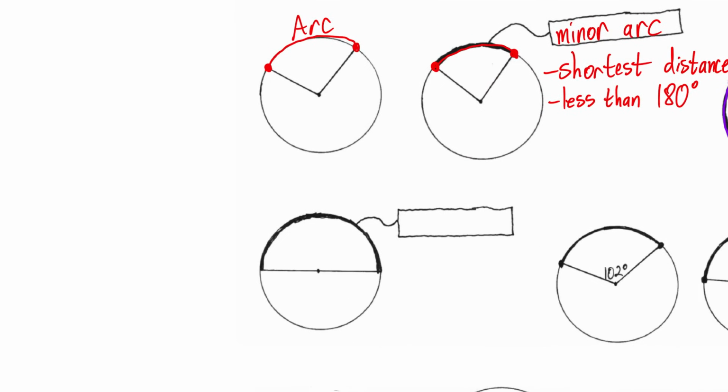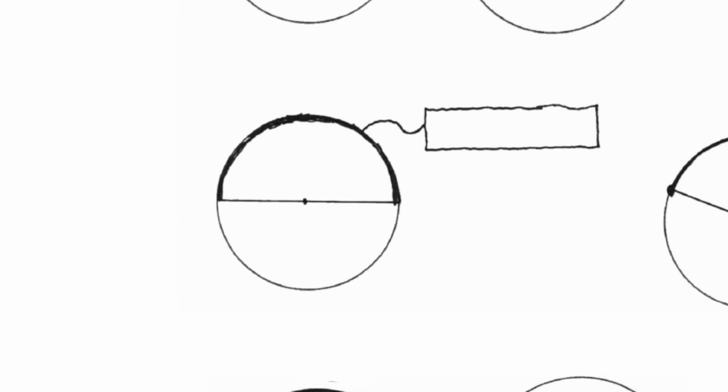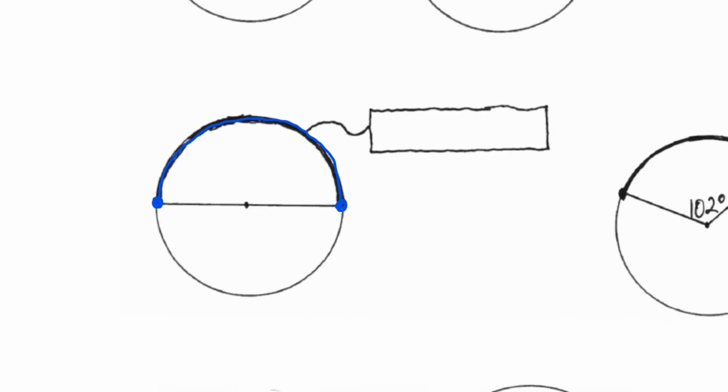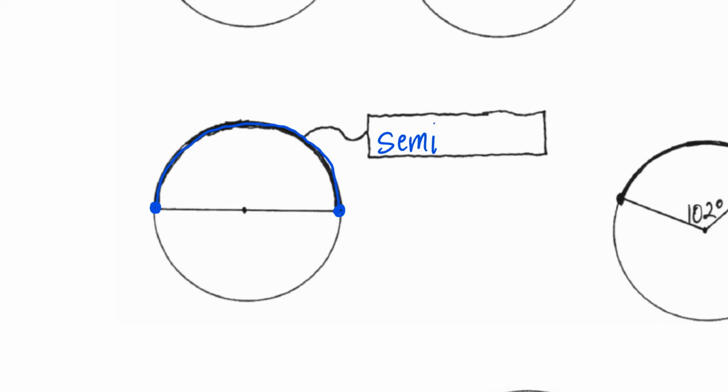And then the other possibility is this one right here, where either direction is going to be the same distance. We just call this a semicircle.